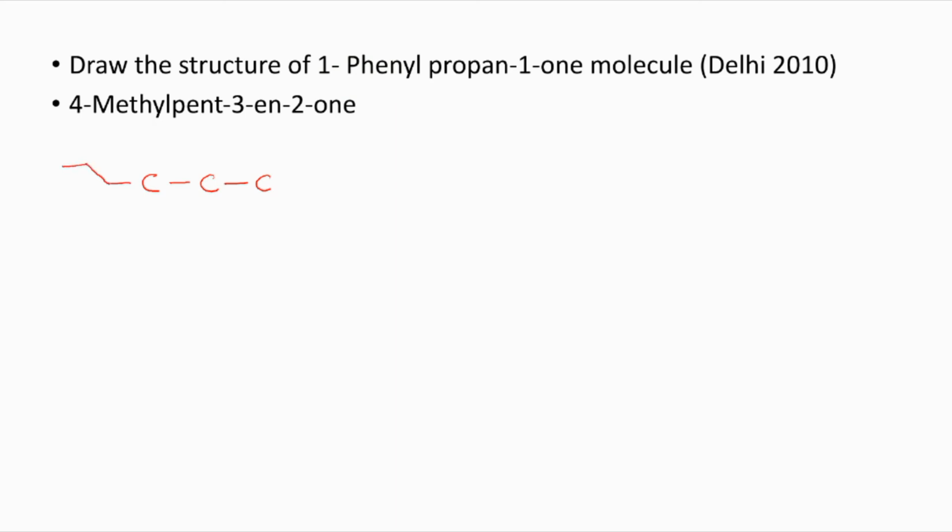Here a benzene ring is attached to the first carbon atom. Then to the same carbon atom, 1-one is also present. That means it is a keto group, right? To the first carbon, we are attaching a keto group. Then satisfy the other valencies with hydrogen, and your compound will be ready. Whenever you are drawing hydrogen, always remember that around a carbon atom, 4 valencies should be satisfied. It should not be less than that, nor more than that.